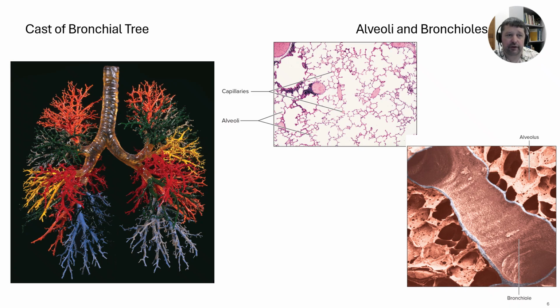If we're diving into what an alveoli looks like, you can see these small sac-like structures with really thin cell layers surrounding them, and then associated capillaries, so the blood can transfer carbon dioxide and pick up oxygen.